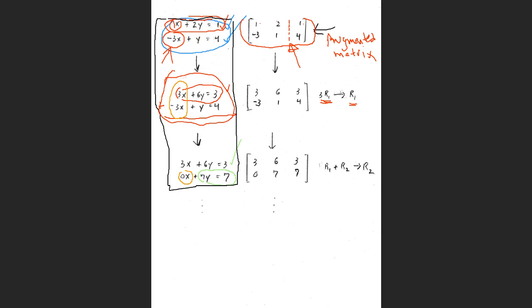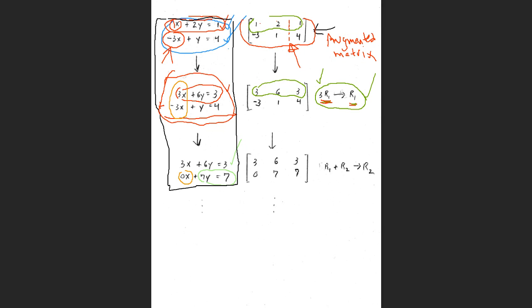So you see the 1, 2, 1 in the first row got replaced with a 3, 6, 3. That just means that x plus 2y equals 1 is equivalent to the equation 3x plus 6y equals 3. So that's what we call a row operation. And we denote that row operation this way. You multiply the first row by 3 and then replace row 1 with that result.